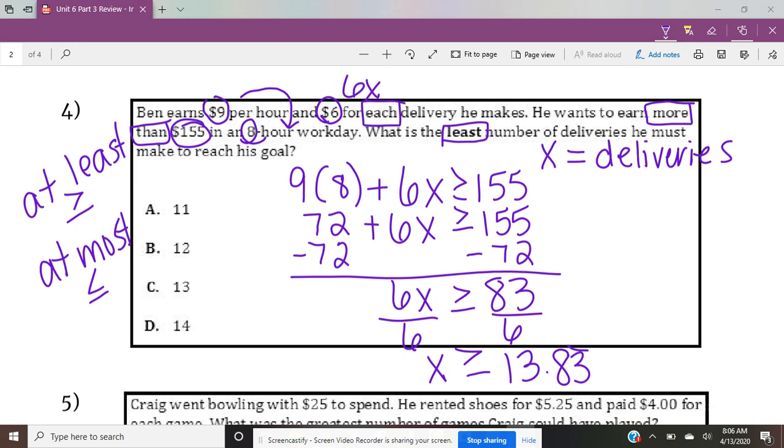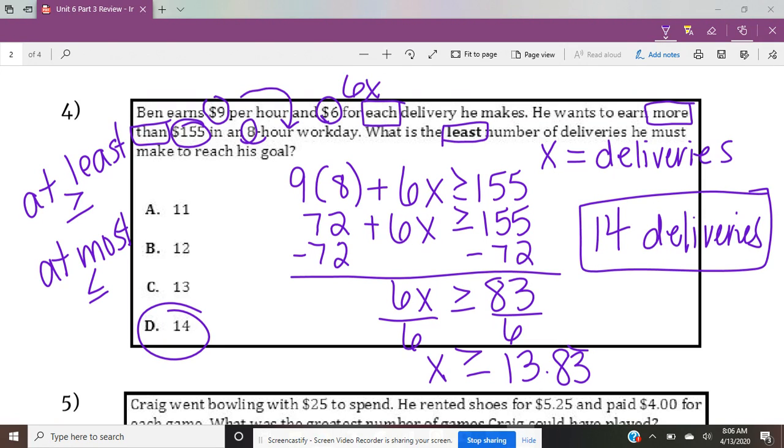So if he only does 13 deliveries, he didn't quite make it. So we have to round up. So 14 deliveries or more. He needs to do at least 14 deliveries in order to make his goal of 155.